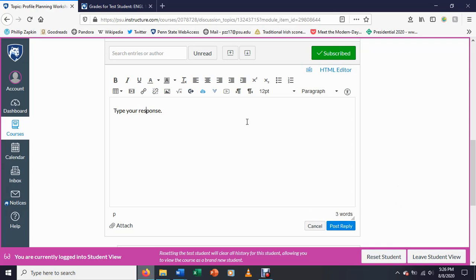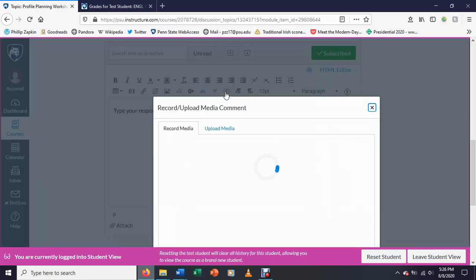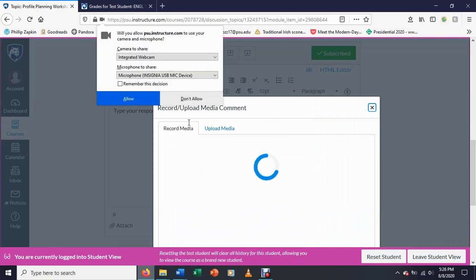The other option that you have, if you click this record or upload media button, that will ask you if you want to let Canvas use your webcam and microphone, which I'm not going to do.